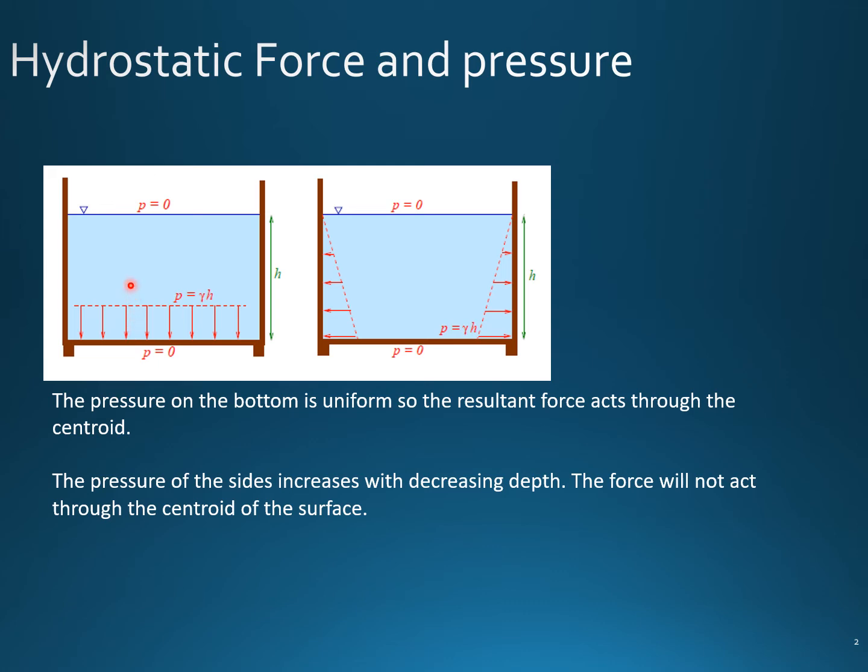Now, the next one is on the sides. The height of water starts at 0. So at the top, the height of water is 0, and the pressure is also 0. Whereas at the bottom, the pressure is rho g h or gamma h. So as you go down, the pressure increases, and that's why the pressure looks triangular, with 0 at the top and gamma h at the bottom.